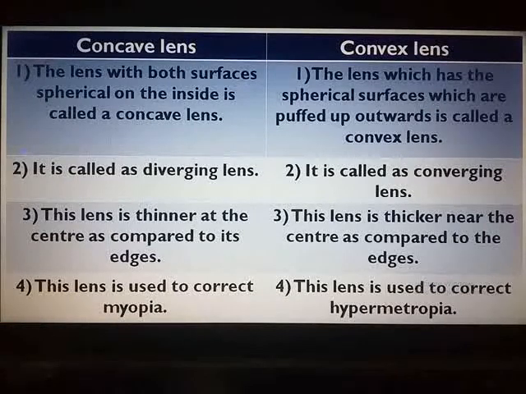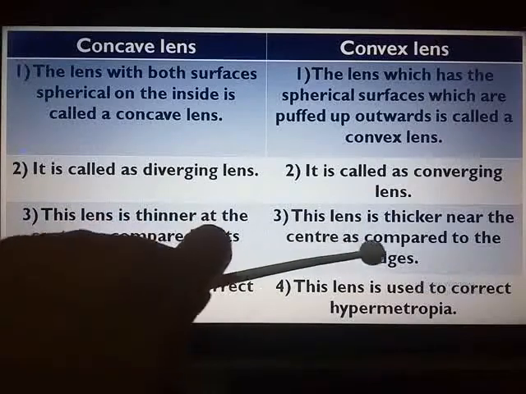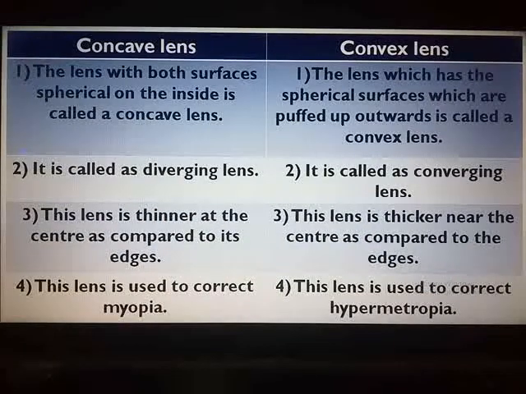Third point, you can see in the same paragraph where you have marked the first point, you will get about the concave lens. This lens is thinner at the center as compared to its edges. This lens is thicker near the center as compared to the edges. And fourth point is additional.